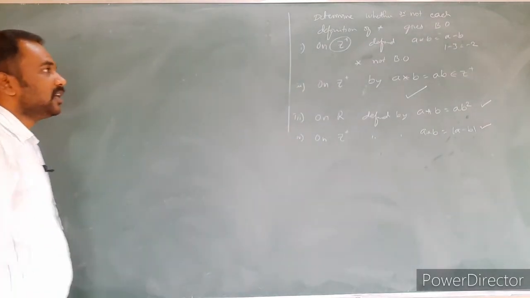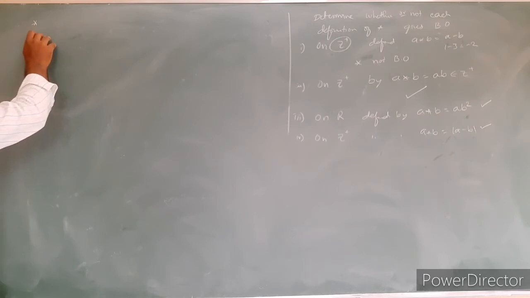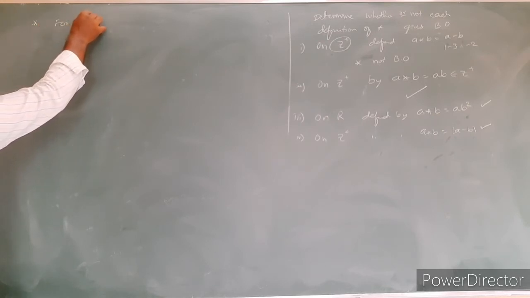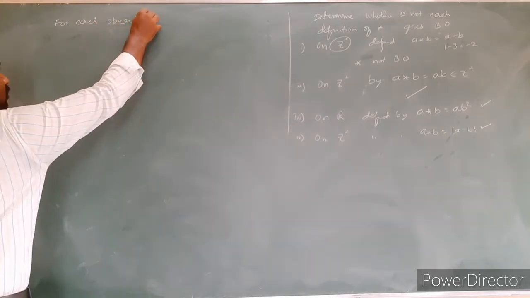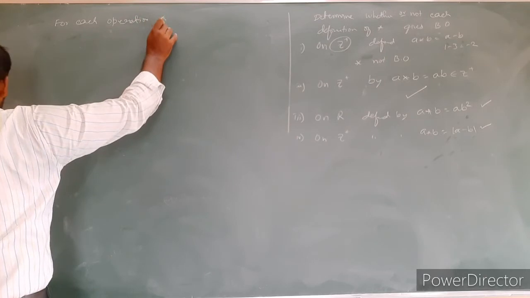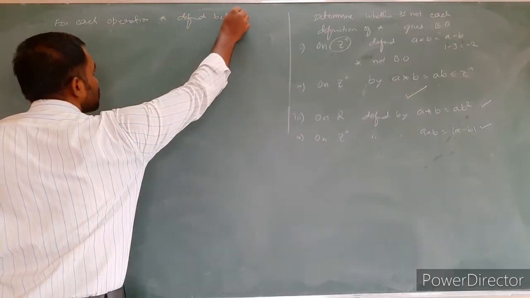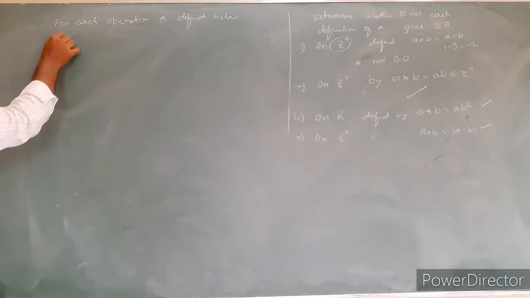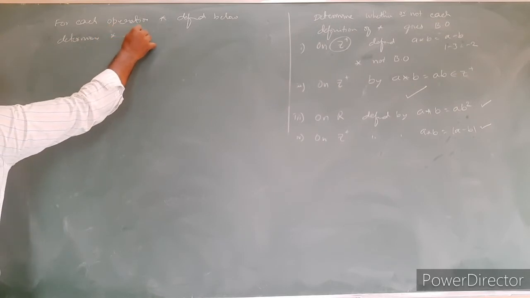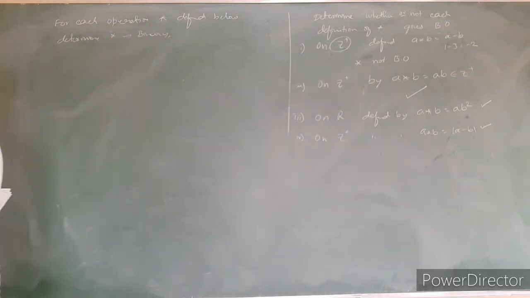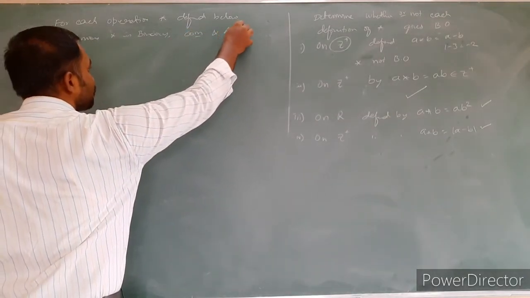That's all. Now take the next model question. For each operation star defined below, determine whether star is a binary operation, or commutative and associative.